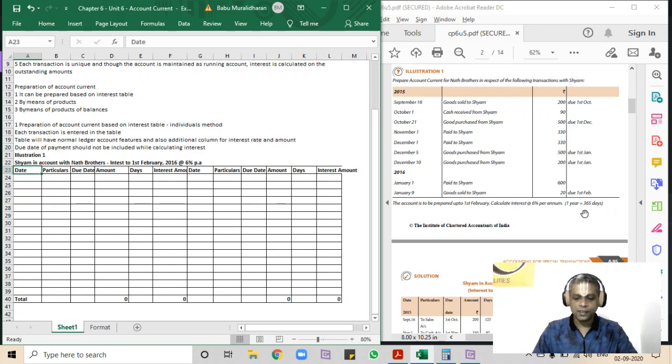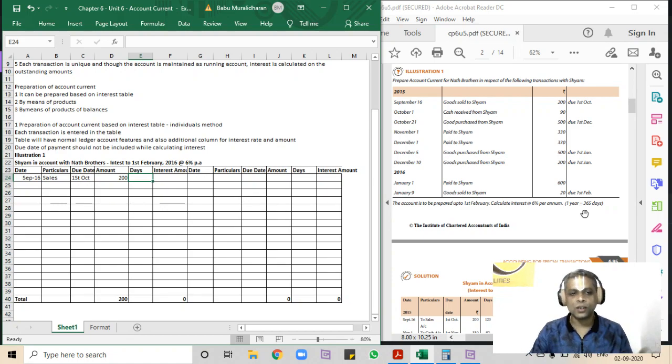Now, first, let's say September 16th, sales account. Due date is 1st October, and amount is 200. What is the interest? The due date is 1st October, and we have to prepare up to 1st of February.